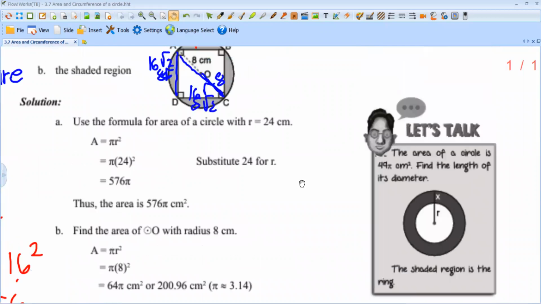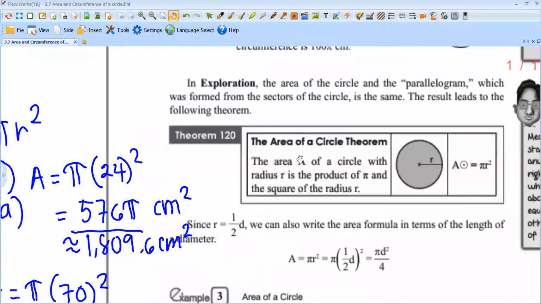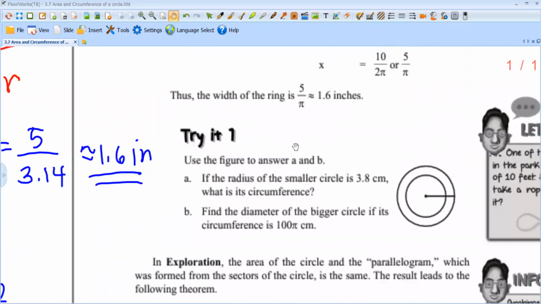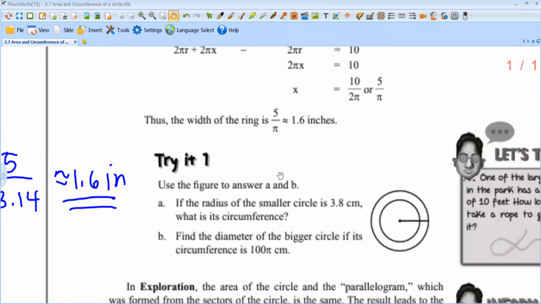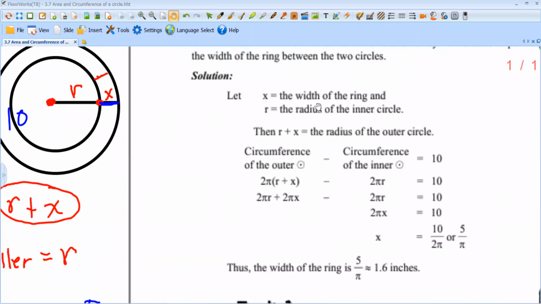Here, X and R. I think this is one. Look at this. They have that one.